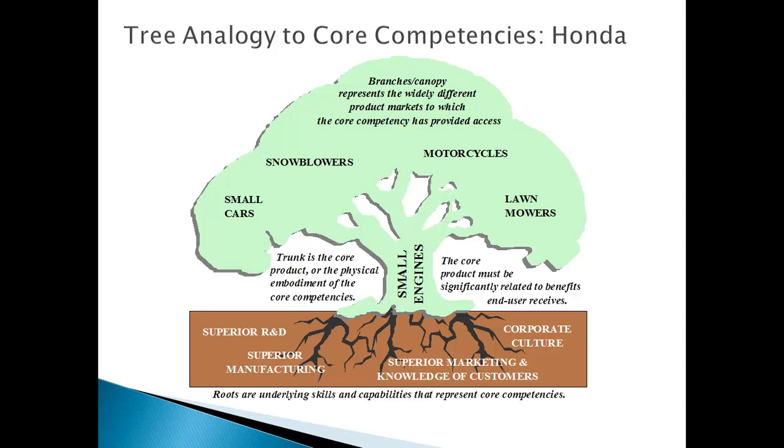And so a company whose core competency analysis is lacking any roots in marketing or customer knowledge is likely doomed to failure. And so what they need to do is figure out how to make investments or hire in talent who can allow them to develop that as a critical underlying capability.